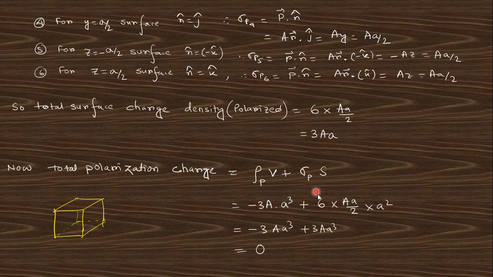The surface charge density for one surface is A a by 2, the corresponding surface is a square, and there are 6 surfaces, so multiply by 6. So finally you get this relation. Clear? You get the total, which is 0. Next question.